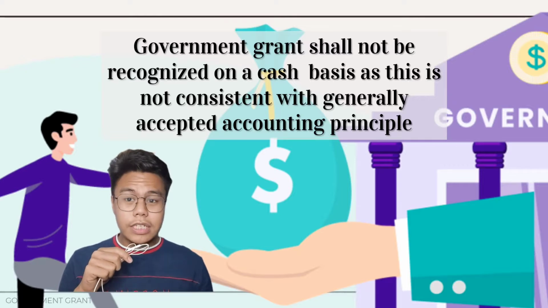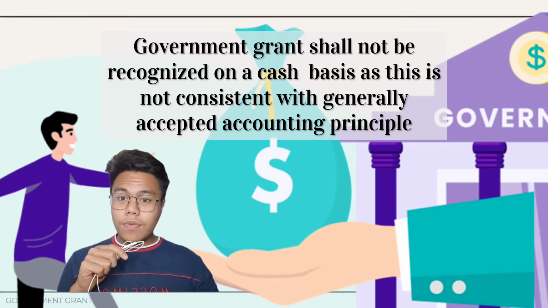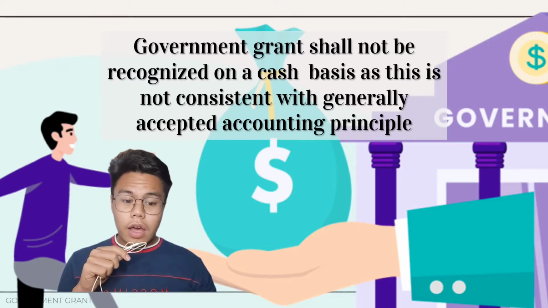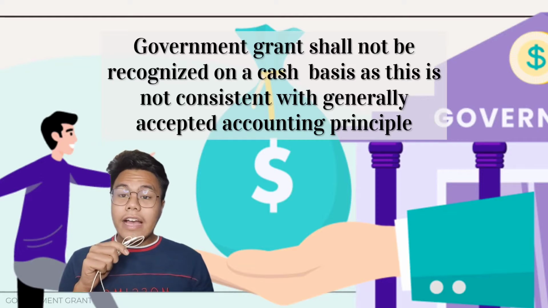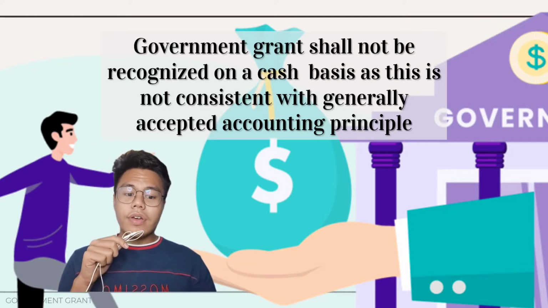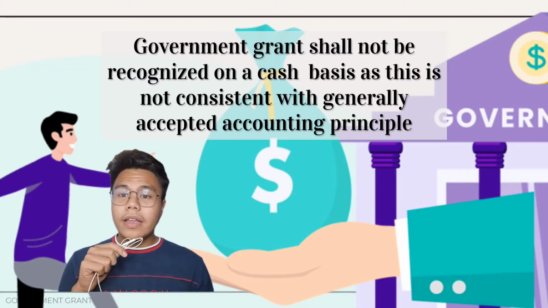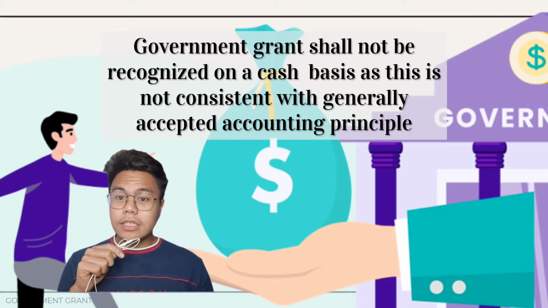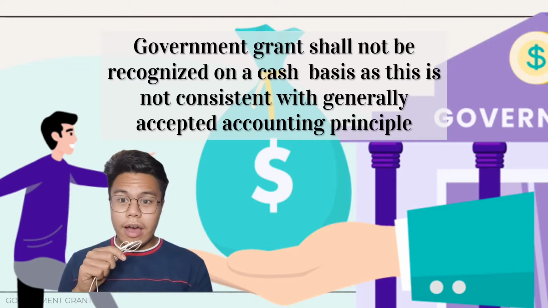Just for everyone's knowledge, government grants shall not be recognized on a cash basis. However, this should be recognized in the form of income. If we go with the cash basis, this is against generally accepted accounting principles. So therefore, we should use the income approach for now.